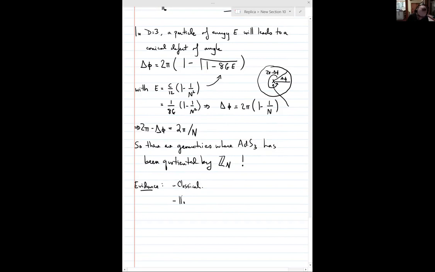There's also some suggestive calculations you can do at one loop. You could explicitly compute the one loop determinant of general relativity in one of these backgrounds. If you compute the one loop determinant in empty anti-de Sitter space, thermal AdS, you find the Virasoro vacuum character.